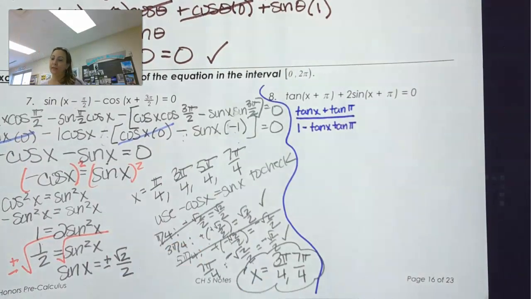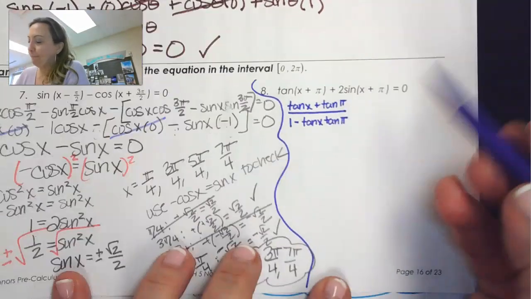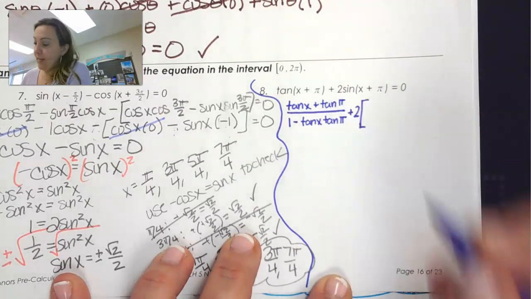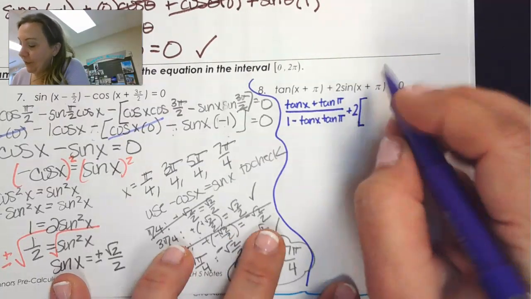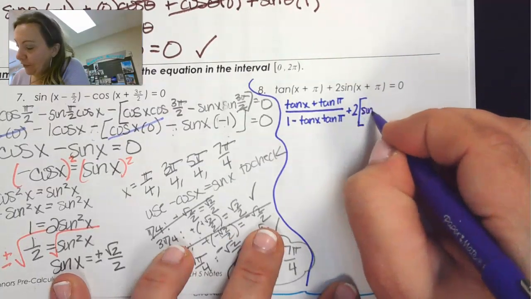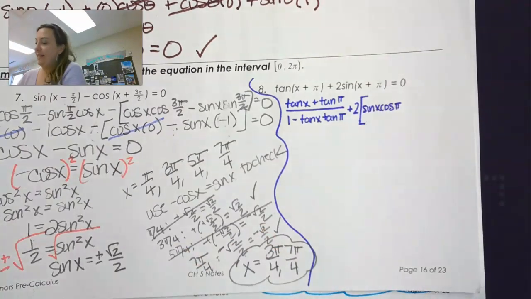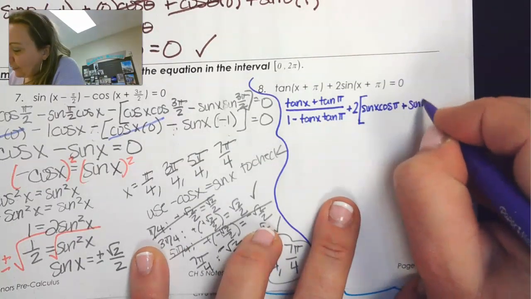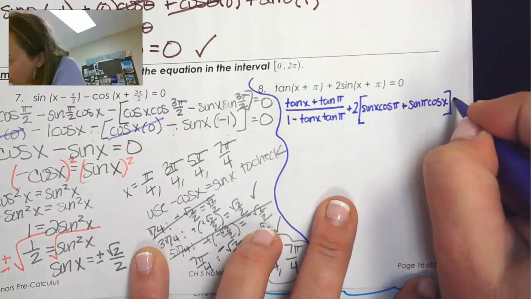So in the tangent formula, the sign up top is the same and the sign on the bottom is a little different, okay? So then plus 2, and then I'm going to use the formula for sine. So the formula for sine is going to be sine of the first, cosine of the second, and then the same sign, sine of the second, cosine of the first, okay?